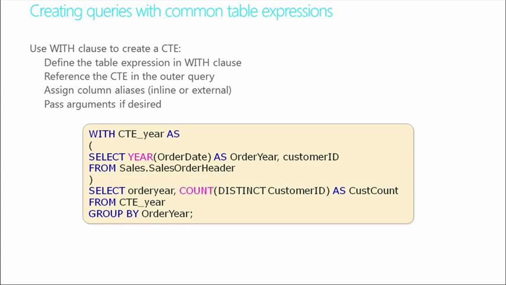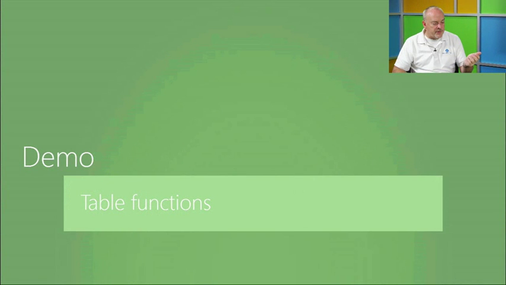Then we select order year with a count distinct customer ID as customer count from the CTE year, which is what we defined with the WITH clause. And then we group by the order year. This is an example of what Tobias just demoed for us a few moments ago.